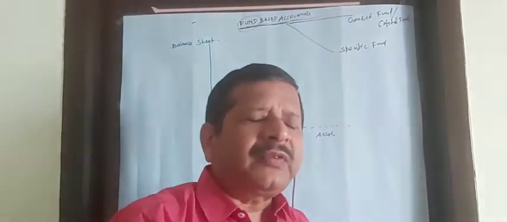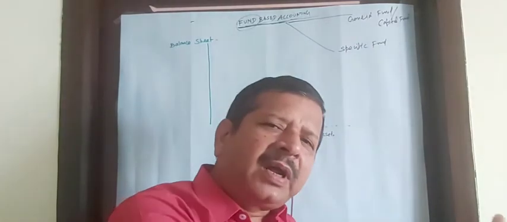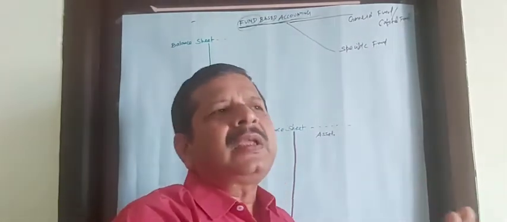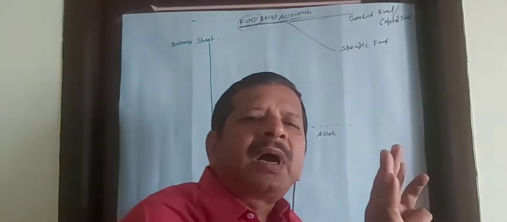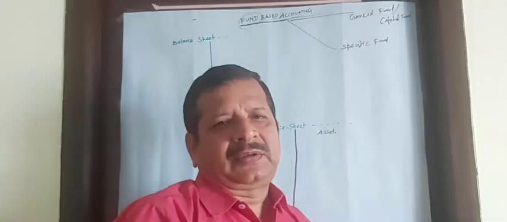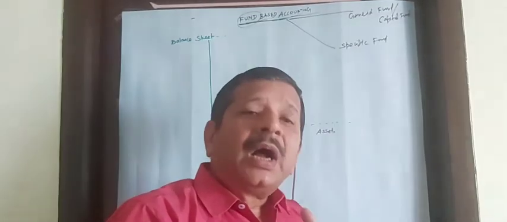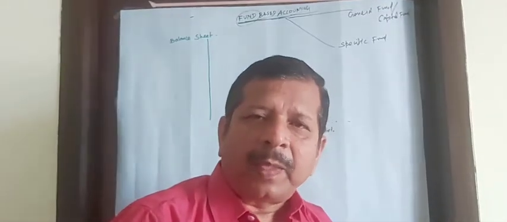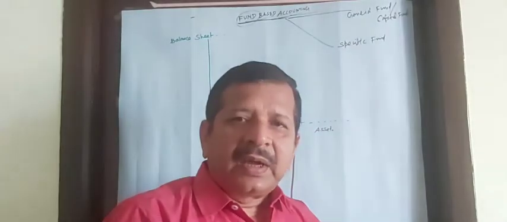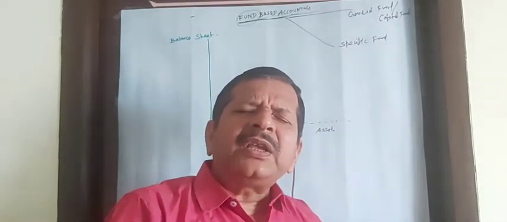The specific fund means that when the fund comes to the organization, it is clearly earmarked that the money should be utilized for a particular purpose. For example, building fund, match fund, prize fund. Like that, many specific funds will be there.